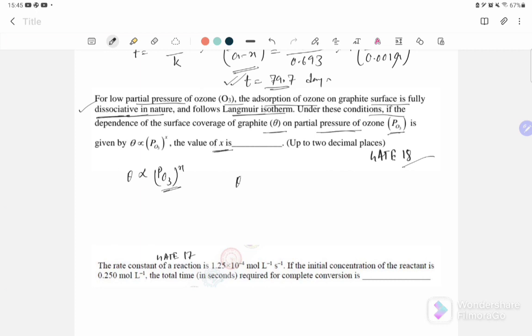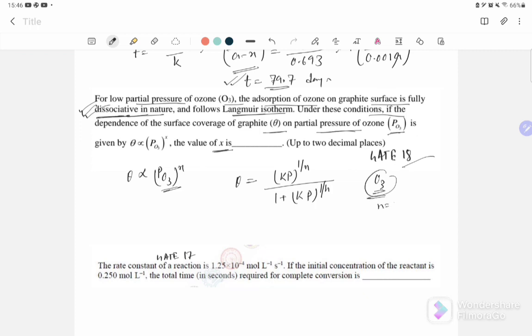So you know that for a dissociative reaction, theta will be Kp to the power 1 by n by 1 plus Kp to the power 1 by n. What is n? n is the number of atoms in the molecule, meaning O3. So the number of atoms is 3 because 3 oxygens are there.